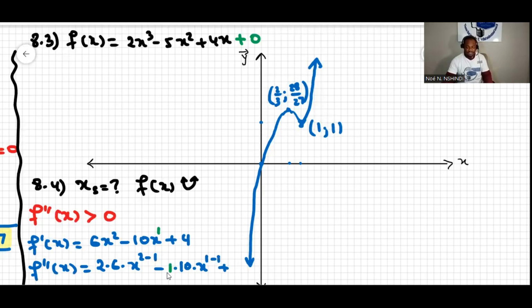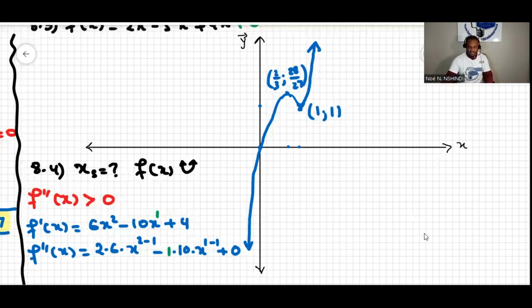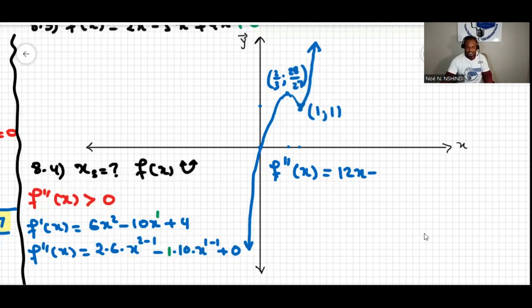The derivative of all constants is just 0. So the second derivative is equal to 12x minus 10, because 1 minus 1 is 0 and x to the power of 0 is just 1. So this makes 12x minus 10.